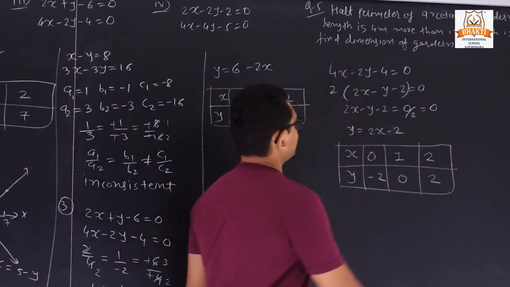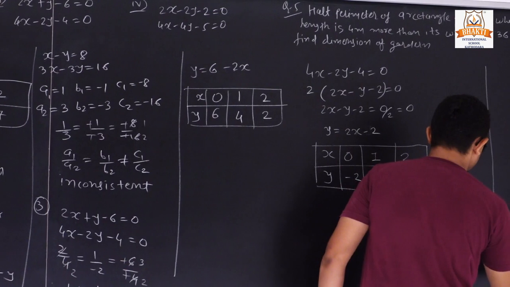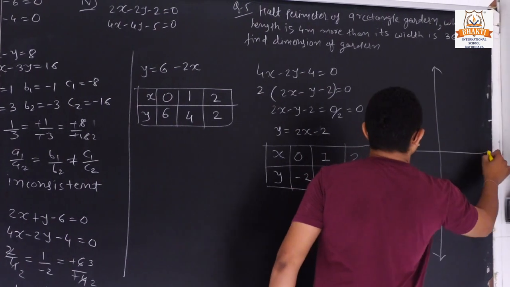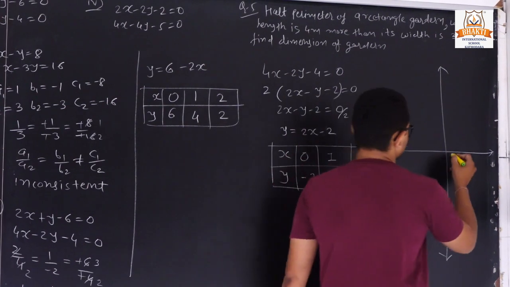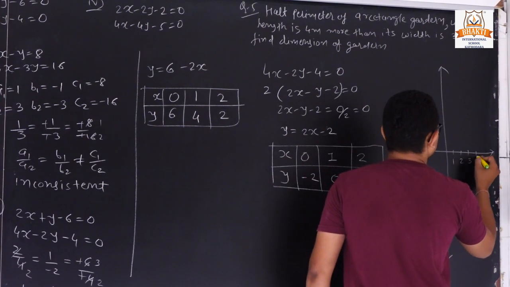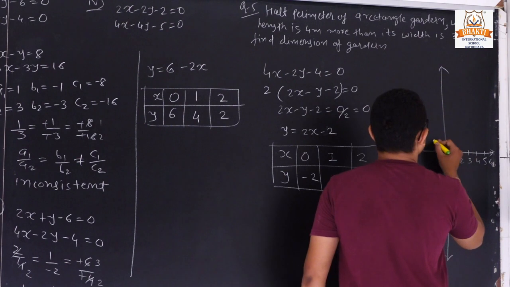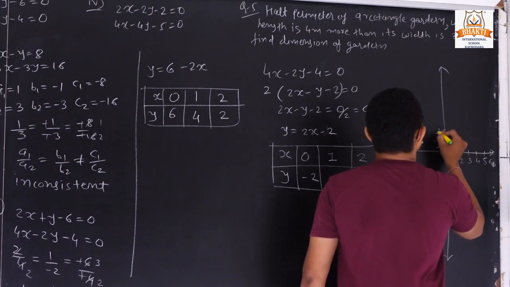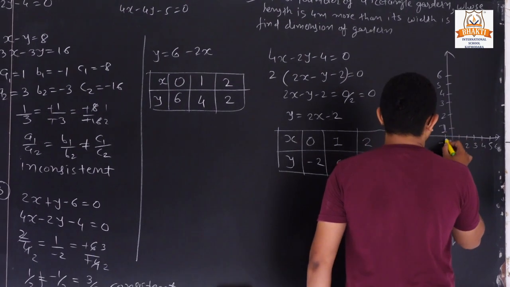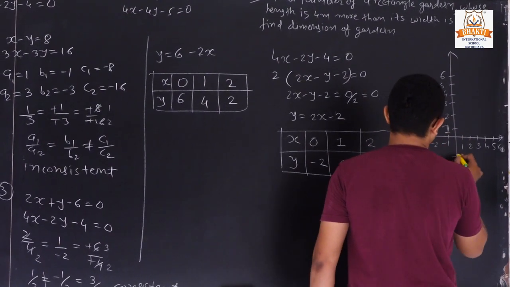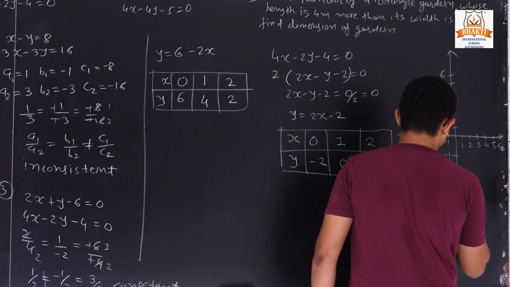Clear? Now I am plotting its graph. 1, 2, 3, 4, 5 and 6. 1, 2, 3, 4, 5, 6. Minus 1, minus 2, minus 3. Minus 1, minus 2, minus 3, minus 4.